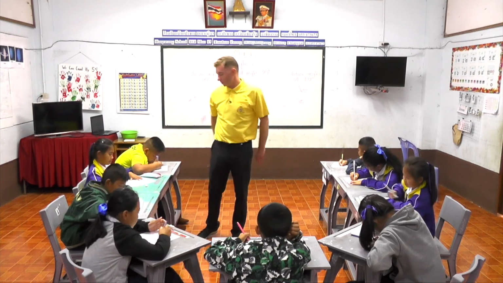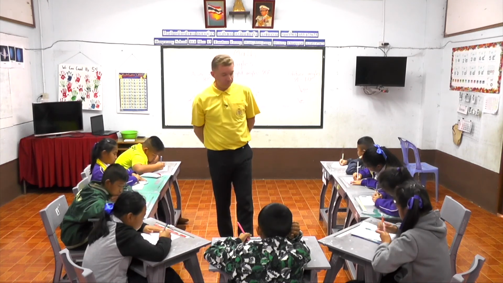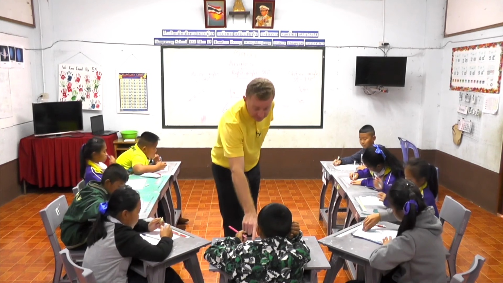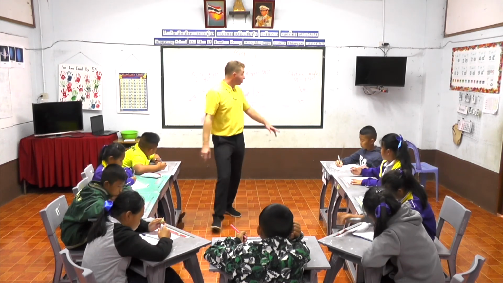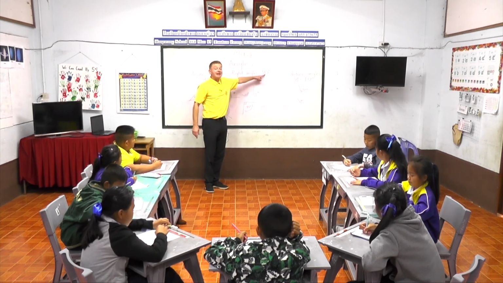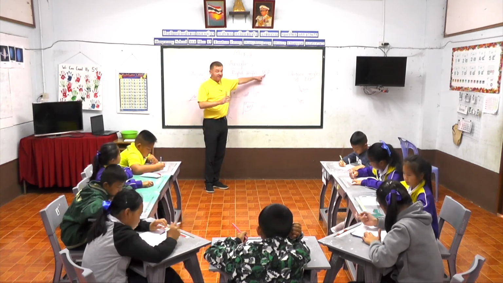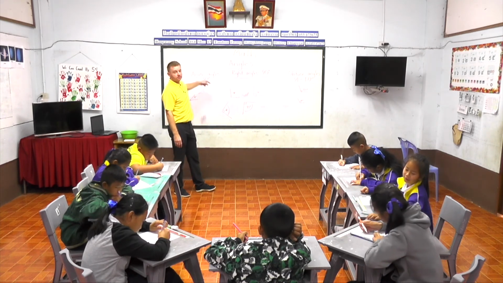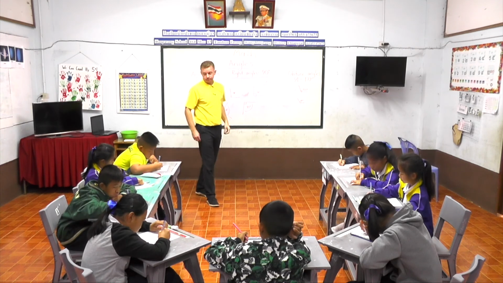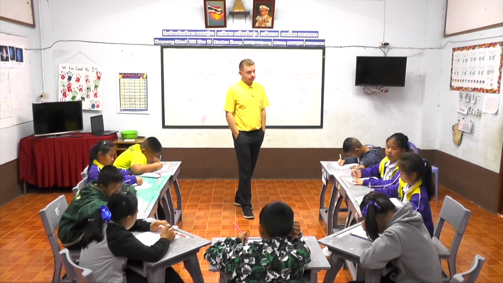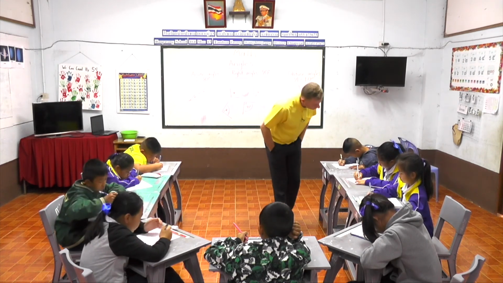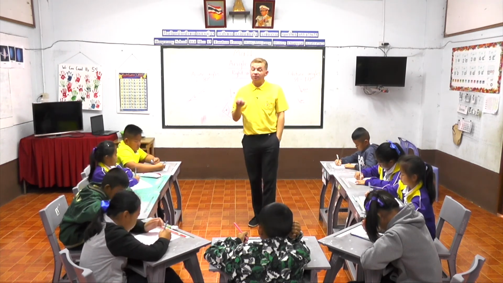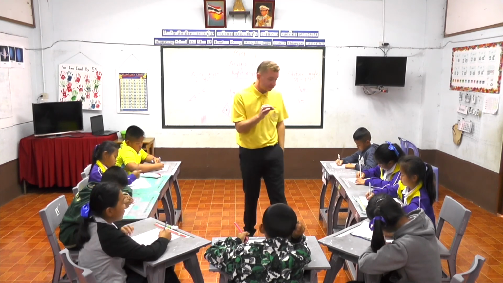Excellent, Pat Boom. So remember, Chu, the right angle is always 90 degrees. Never less. If it's less than 90, acute angle. Well done. And remember, guys, when you're doing your name, the vertex point is always the middle letter.